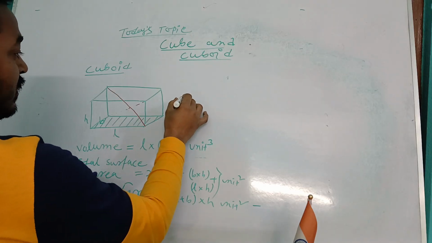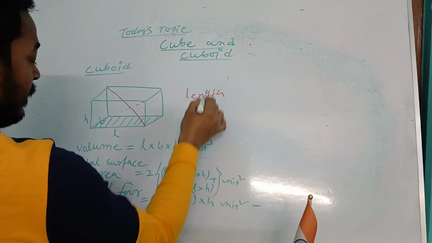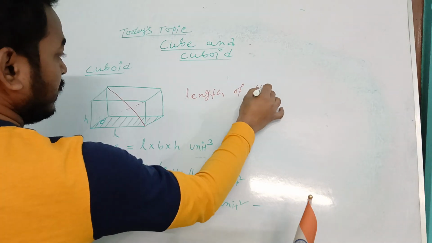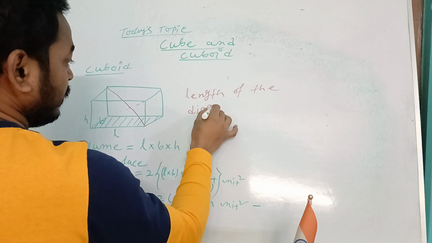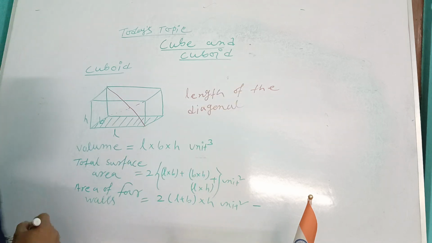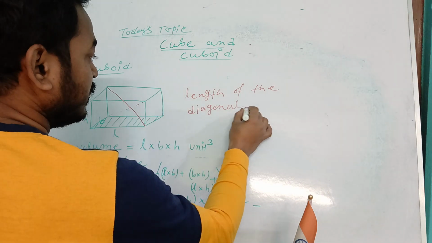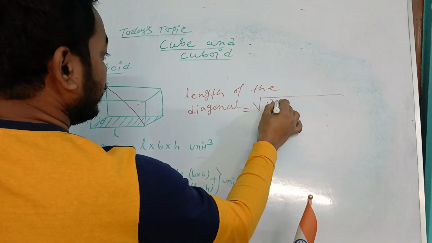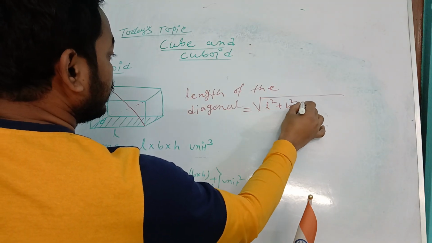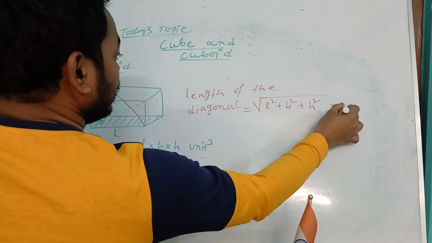Length of the diagonal. So it is what? It is under root L square plus B square plus H square, and length is one unit.